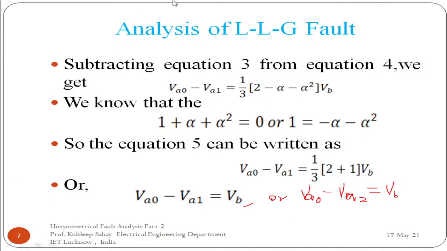Now, getting the difference between positive sequence voltage and zero sequence voltage means VA0 minus VA1 equals 1/3 (2 minus alpha square) into VB.